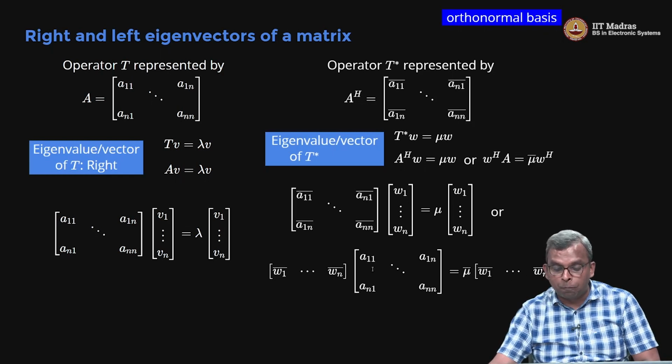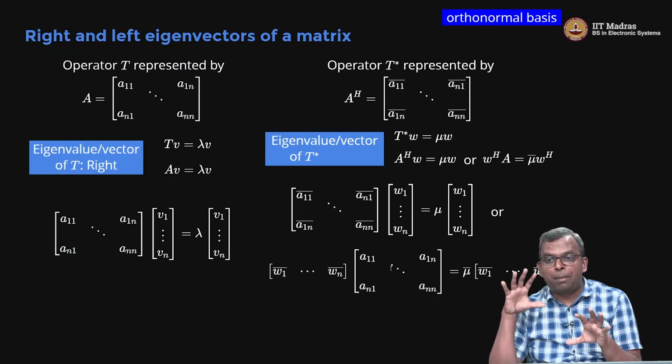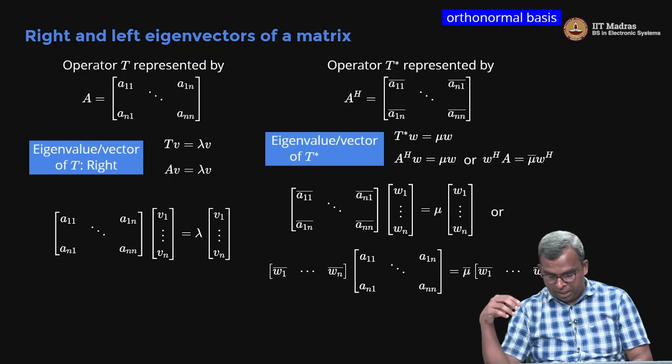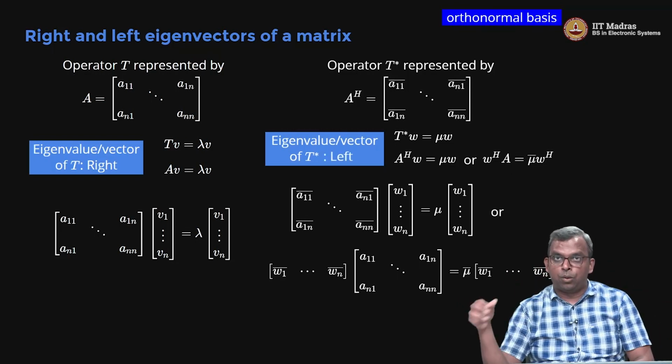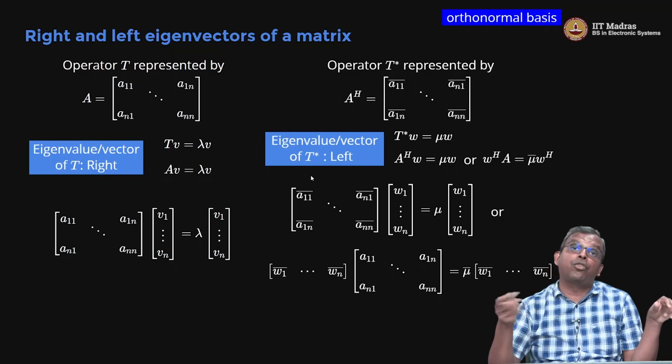So this is like an equivalent eigenvector eigenvalue equation, except multiplication on the right is replaced by multiplication on the left. So you don't have right eigenvectors, you have left eigenvectors. So an eigenvalue and eigenvector of T star or A Hermitian becomes actually the left eigenvector for A.